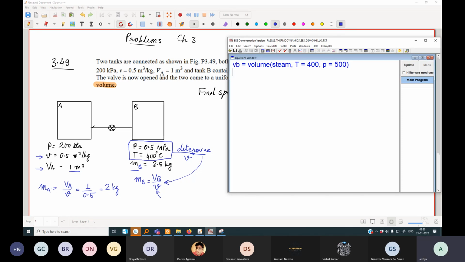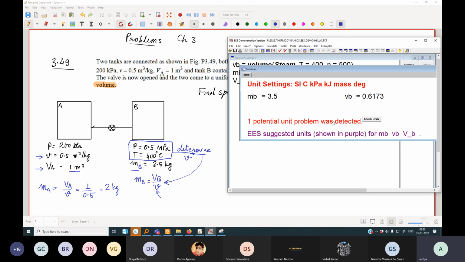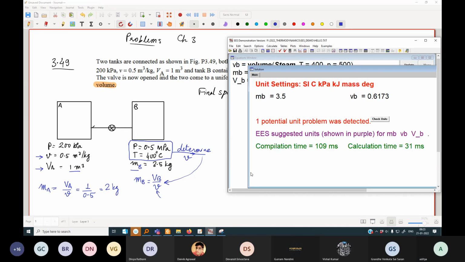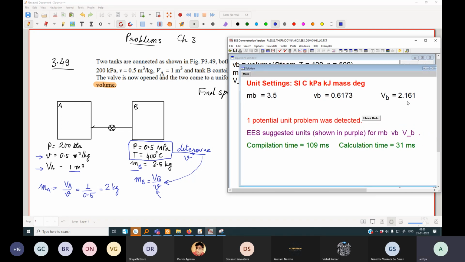And I can also directly write MB is equal to 3.5, and I can write VB equal to MB times vB. I've just used this particular equation, I've written it down. So I will directly use ES and get the total volume. Total volume comes out to be 2.161 meter cubed.